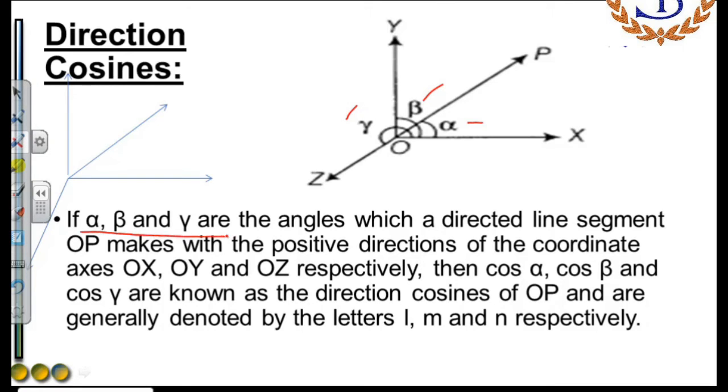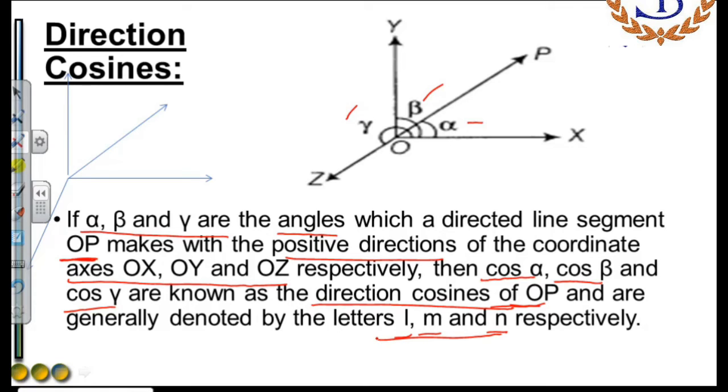If alpha, beta and gamma are the angles which a directed line segment OP makes with the positive directions of the coordinate axes OX, OY and OZ respectively, is it clear to all of you? Then cos alpha, cos beta and cos gamma are known as the direction cosines of OP. Clear? And these are represented by l, m, n. Okay, is this point clear to all of you?